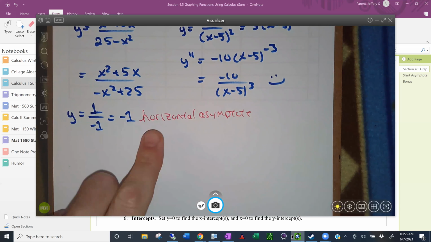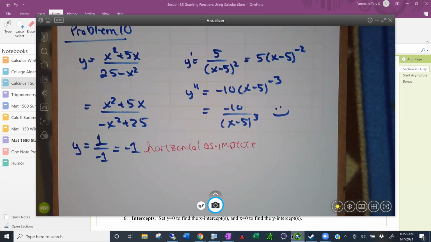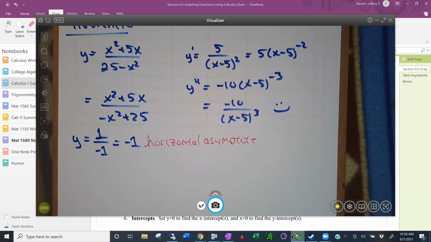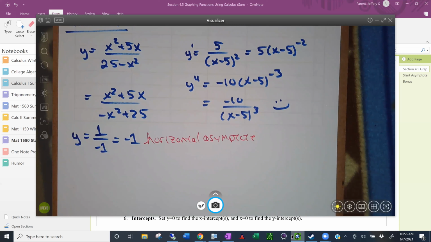Now, what else can I figure out about this graph? Well, there's other asymptotes that you can get as well. We got the horizontal asymptote, but how about some vertical asymptotes? Where are you going to get your vertical asymptotes? When x equals 0?